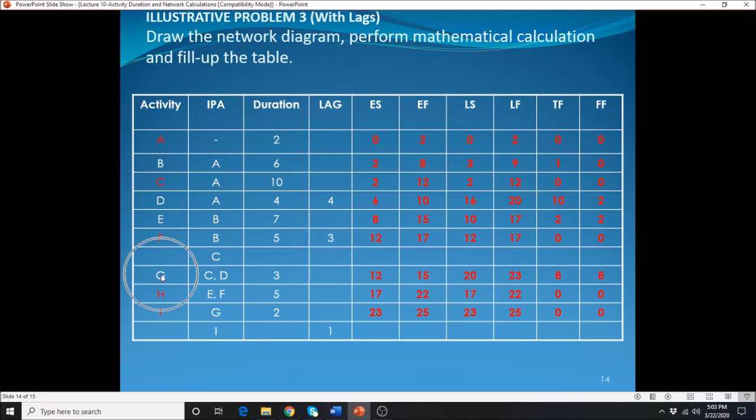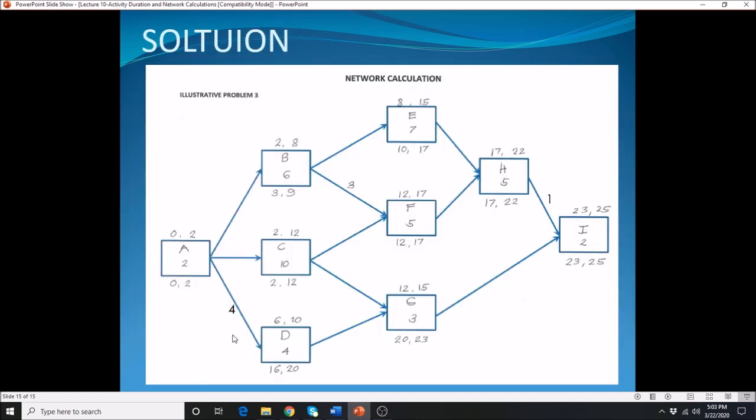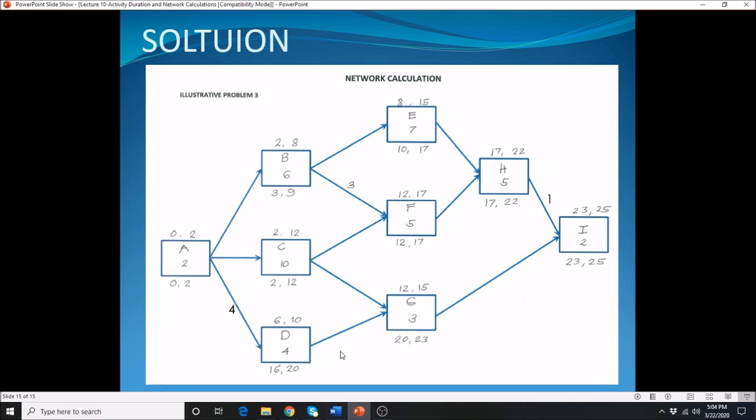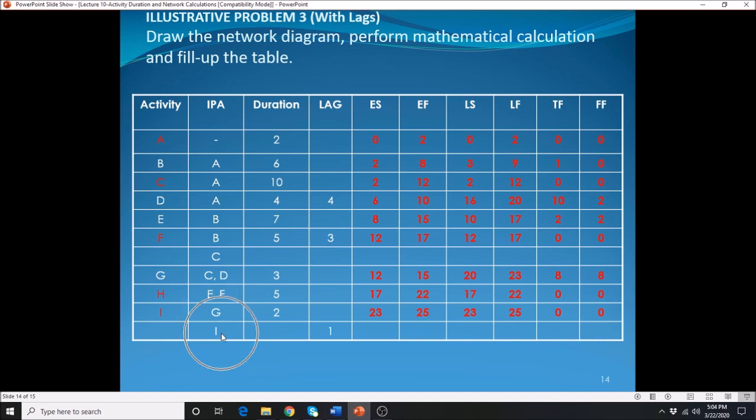And then we have your H and your I. This is supposed to be H. The connection between your H and I has a lag of 1 day. So here, your H and your I has 1 day.